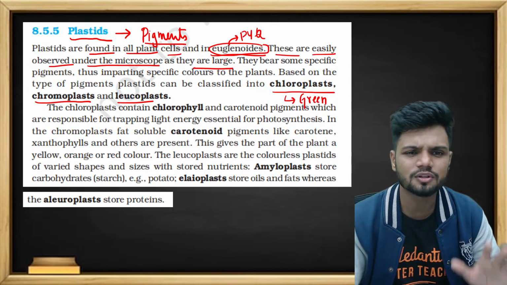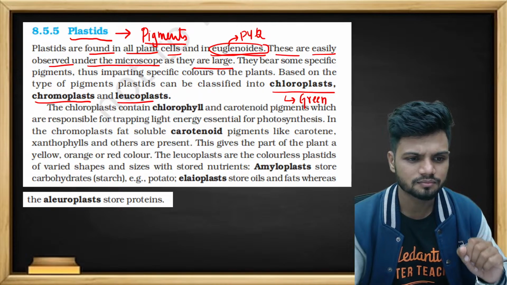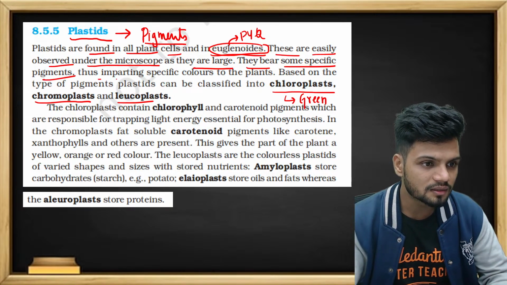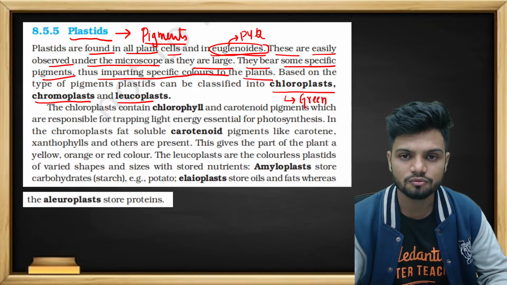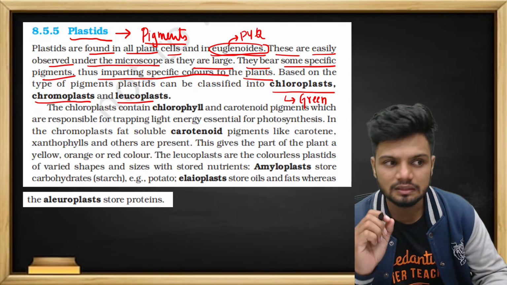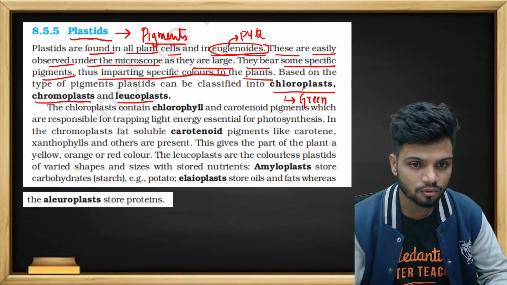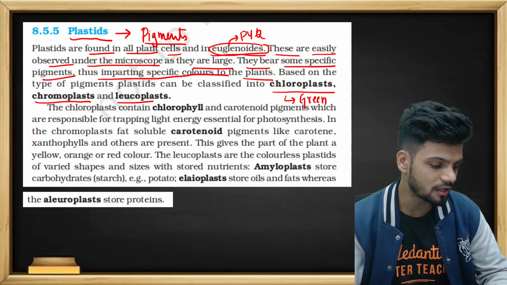They bear some specific pigments, thus imparting specific color to the plant. Based on the type of pigment, it can be classified into chloroplast, chromoplast, and leucoplast.